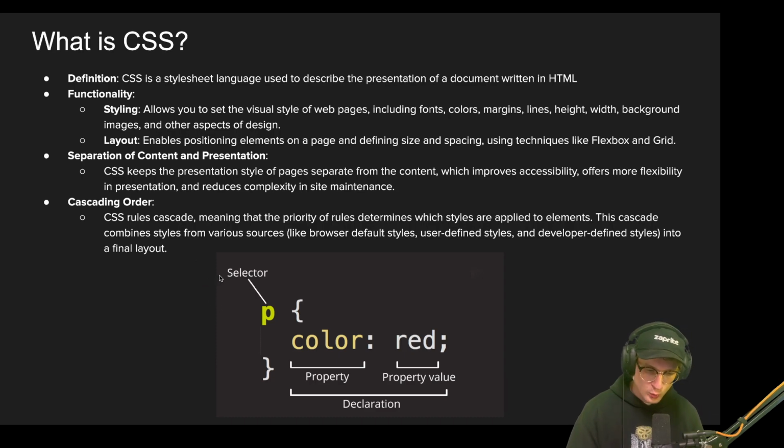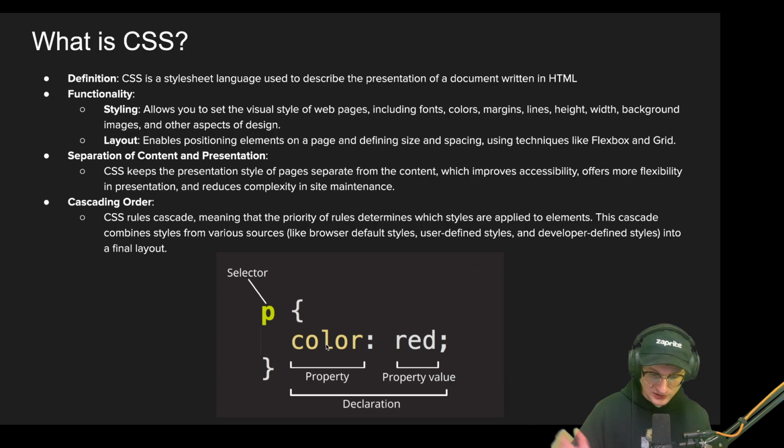But for right now, we can define a very basic style, just like this one right here, where we have what's called a selector. So this is a P. This is selecting every single P tag from our HTML page. And then we wrap it in curly brackets, just like that. And then we have a property and a property value separated by a colon and then ending with a semicolon.